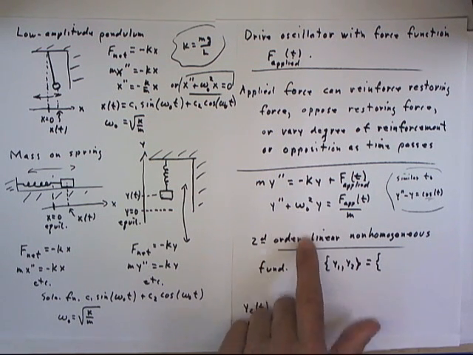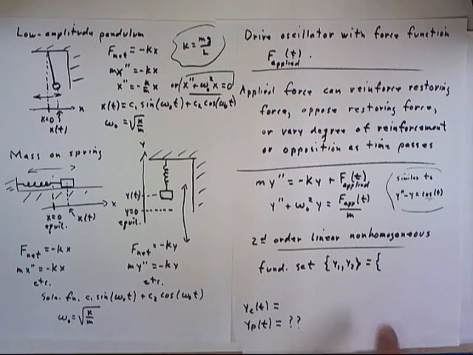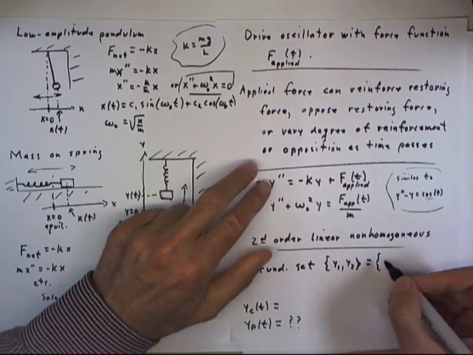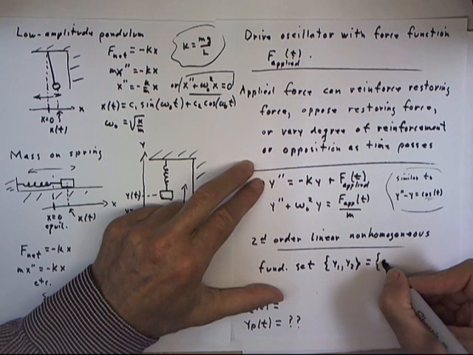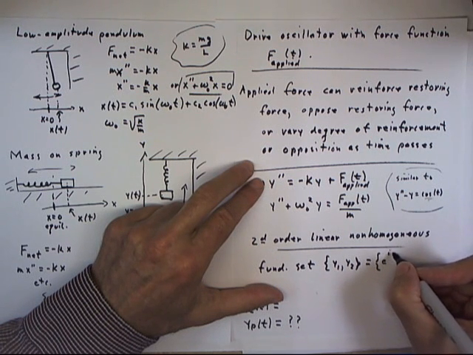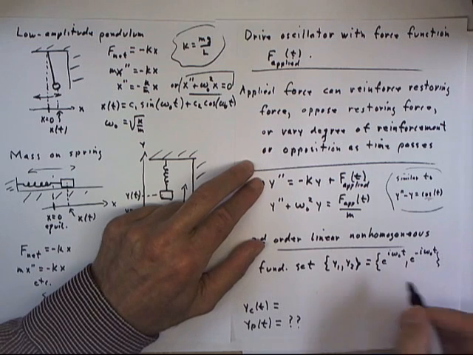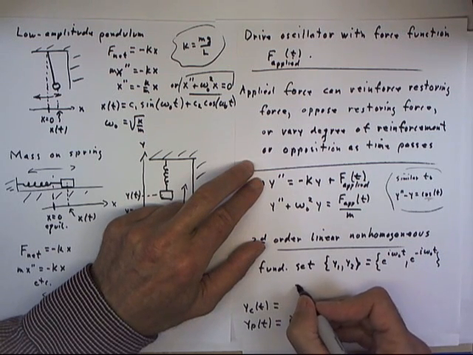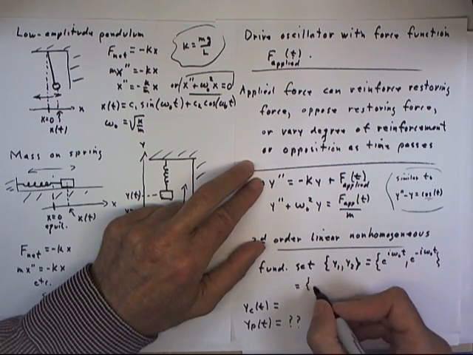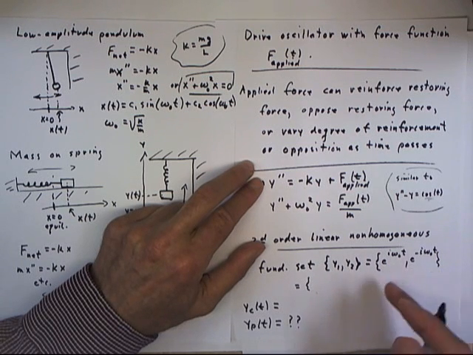However, the homogeneous equation is going to have a fundamental set y1, y2, which is simply e to the i omega naught t, e to the negative i omega naught t. Should be familiar at this point. And that would lead to a fundamental set.